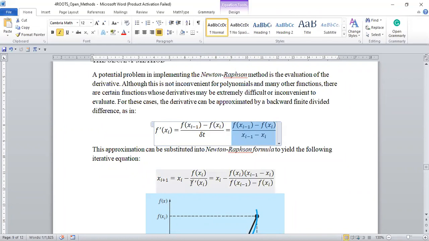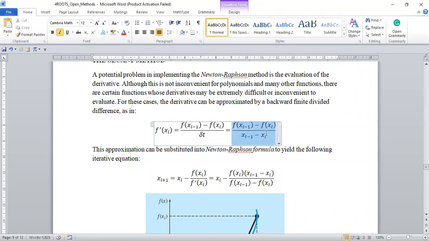For instance, now this is the backward difference formula. So in place of the first derivative, this is the Newton-Raphson formula. In place of the first derivative, you're replacing it with the backward difference formula. And we've already talked about the backward difference formula. If you are not sure of how we got this, just go back to the notes or to the recording.